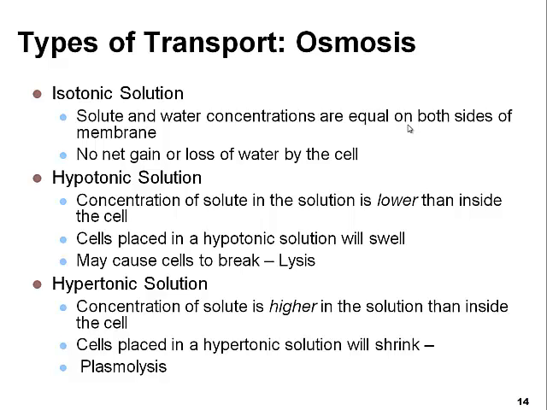Plasmolysis is a special situation that occurs whenever a plasma membrane pulls away from a cell wall. This occurs when you take a cell that has a cell wall, like a plant cell or like a bacterial cell, and place it into a hypertonic solution. The cell wall is permeable, so water can move through that cell wall, and then the plasma membrane is semi-permeable.